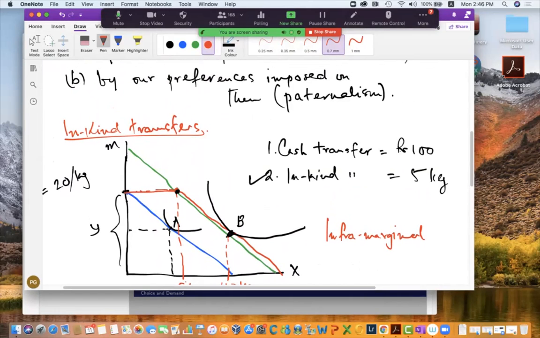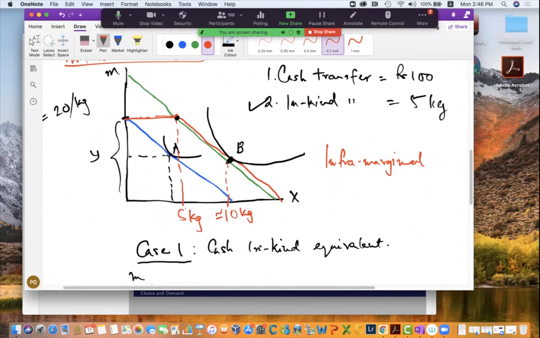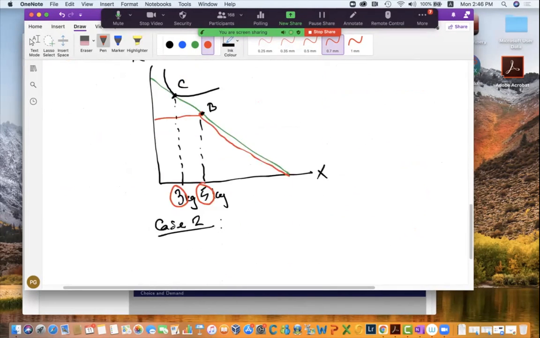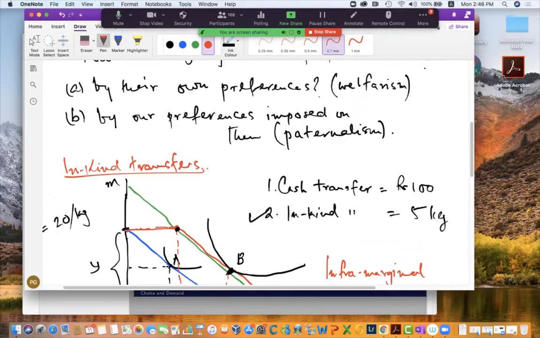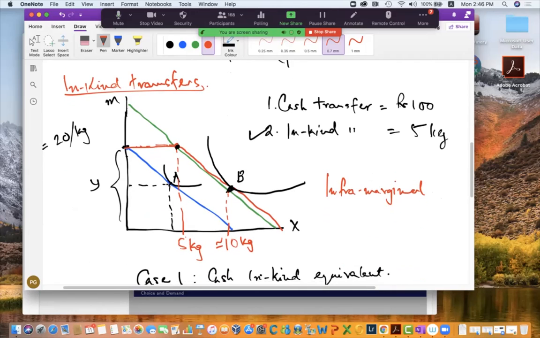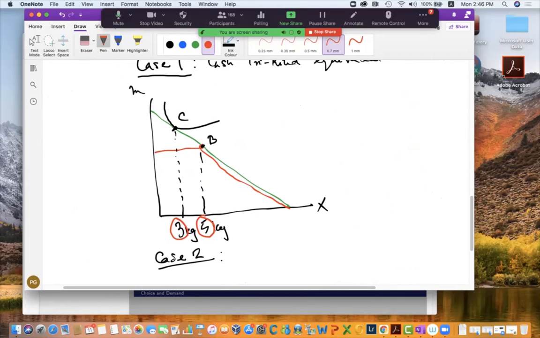So once you see that, and if you believe in our consumer theory, you would say that this is a false debate. Paternalists and welfarists can argue with each other till their voice is hoarse. But what difference does it make? It's an infra-marginal transfer, so it shouldn't affect choices.